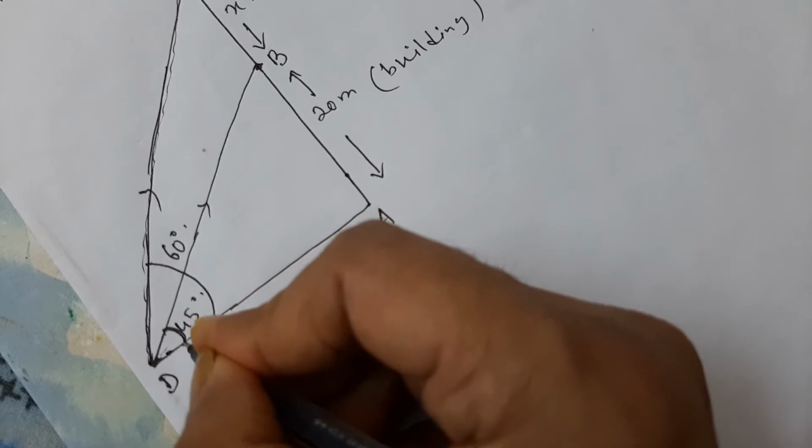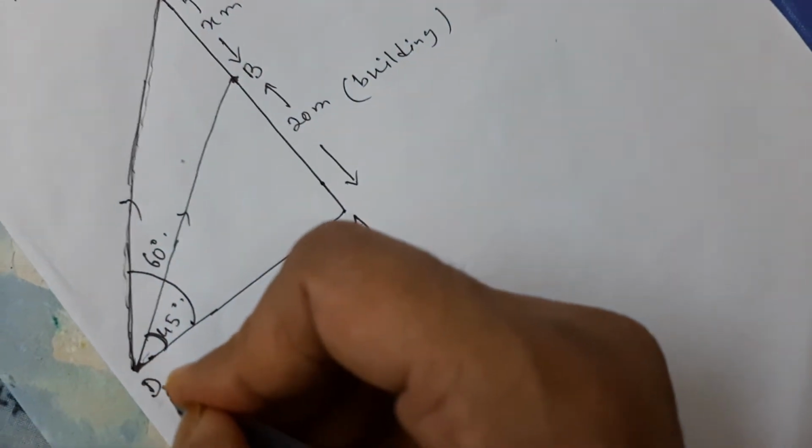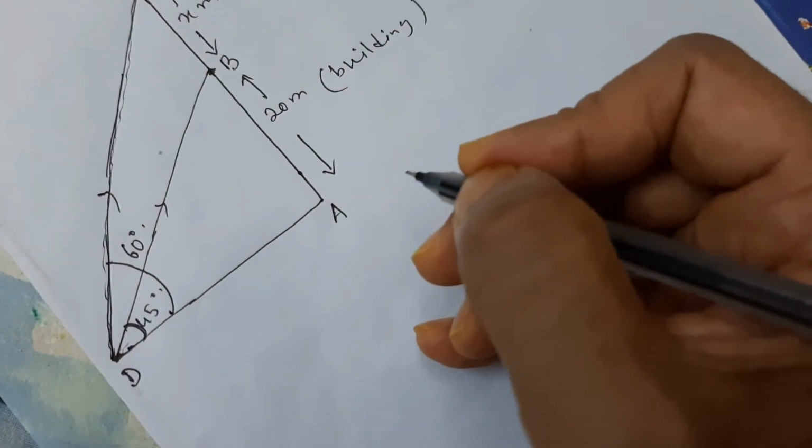So this 45 and total angle is 60 degrees to the top from the point D. D is the observer point.